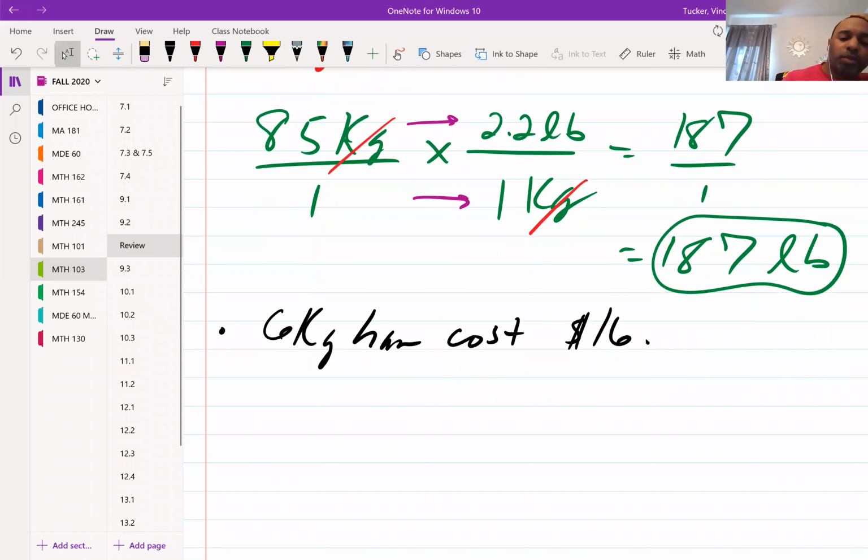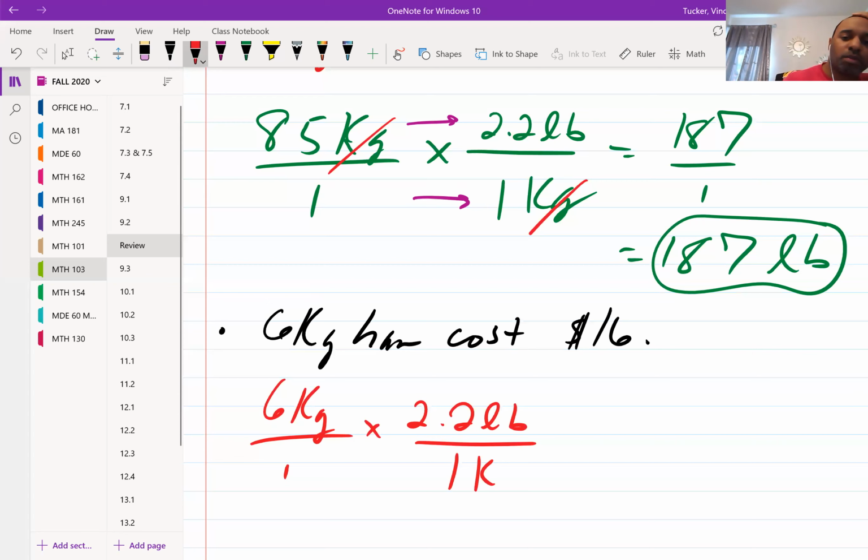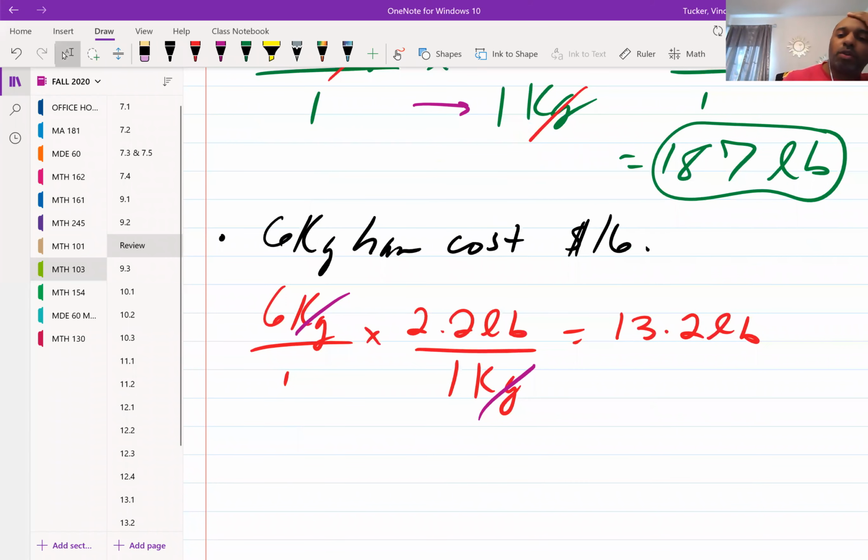So first thing I would do is convert the 6 kilograms to pounds. Once again, kilogram over kilogram. 13.2 pounds. So now if you want to know cost per pound, we're talking about dollars over pound.